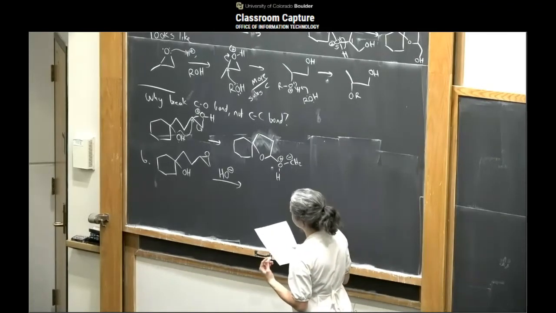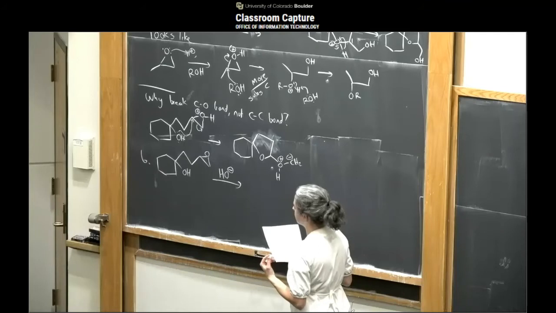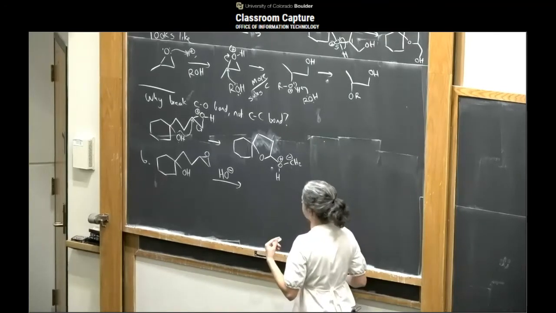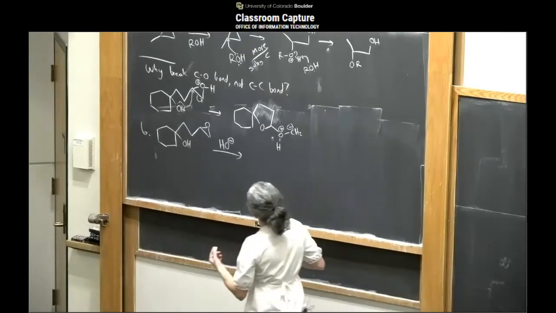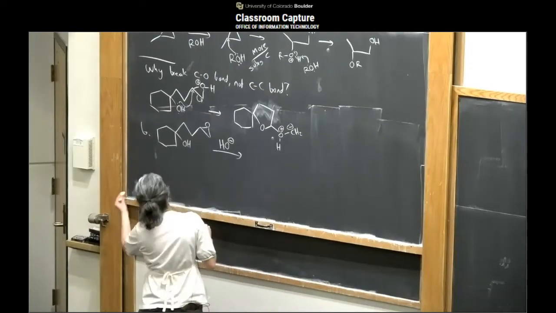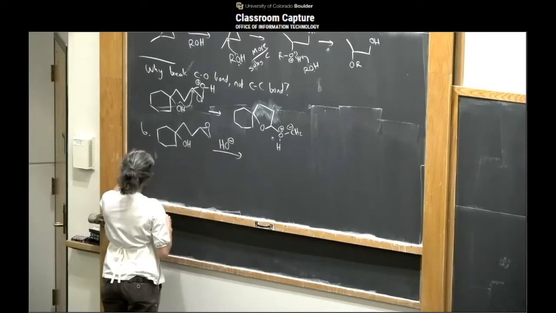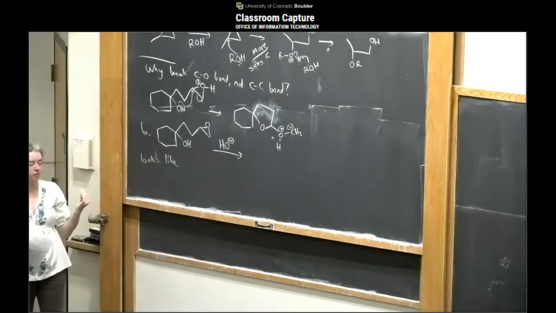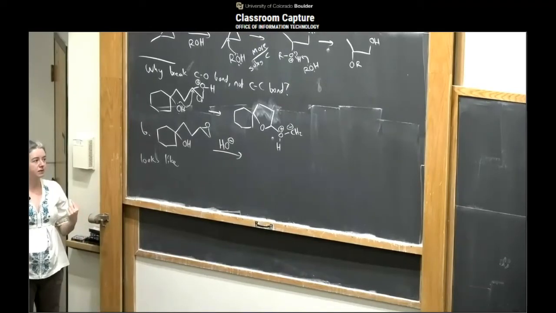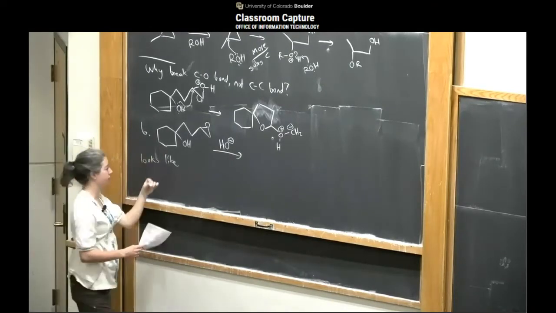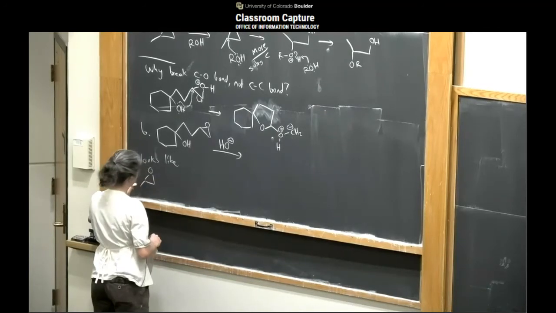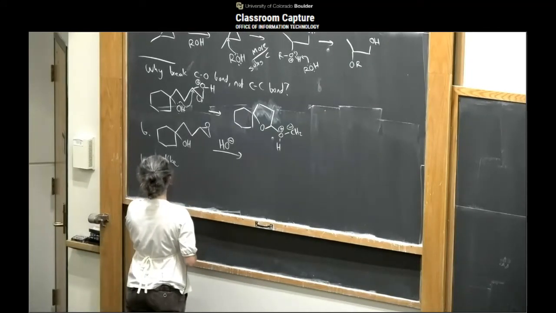I guess there are actually a couple different possibilities that could happen here, but we can rule these out based on the formula that we're given for the product. So again, we might want to do a simpler version of these conditions, but with the same functional groups, and use that as a guide for how we're going to tackle this thing. So again, we show some kind of thing like this.